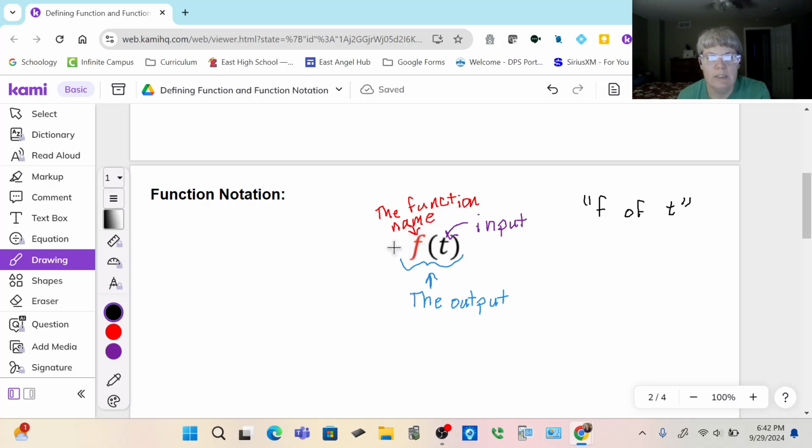So when you know it's a function name, you're going to read it as f of t. The other thing I want you to think about with f of t, that entire expression representing the output, is that it's just replacing y in our equations. So you're probably used to something like y equals mx plus b.